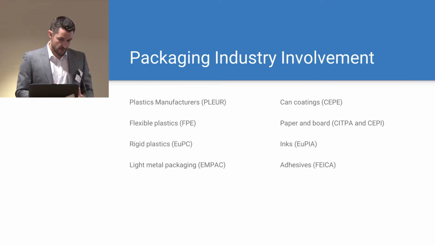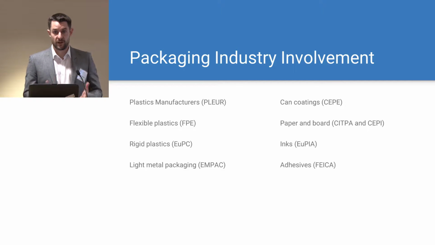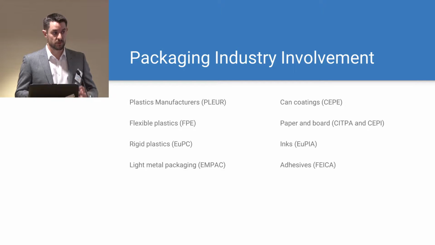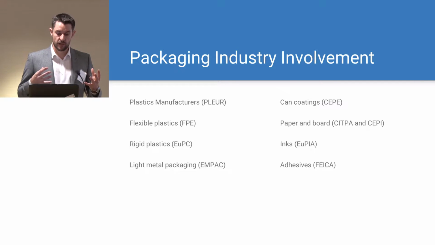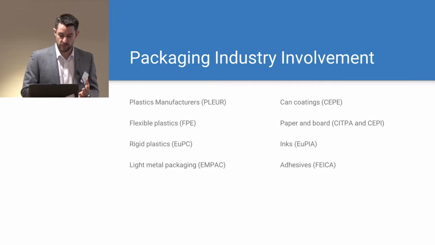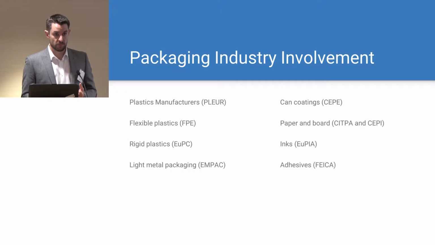One of the major strengths of this project was the packaging industry involvement. So we had loads of different sectors of the packaging industry come together to form an overall FACET industry group. So we had a group that was itself composed of different sector associations. So we had the plastics manufacturers, Plastics Europe, so the people who make the raw materials, the resins. We had Flexible Packaging Europe.